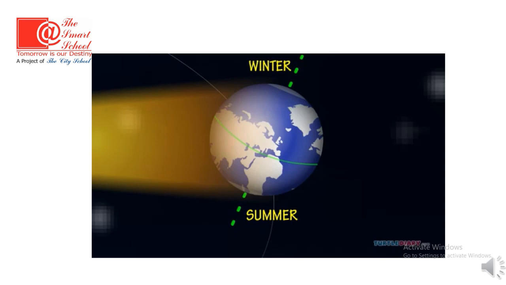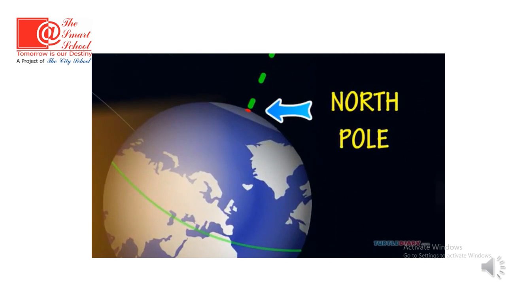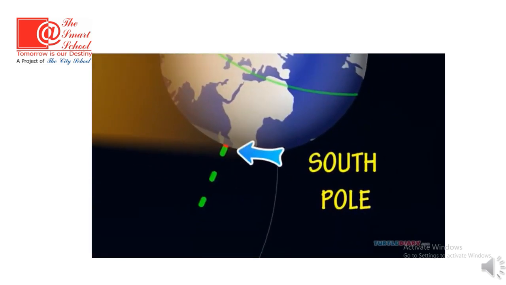The southern hemisphere has longer days. The northern hemisphere has shorter days. The North Pole is now in darkness for 6 months because it is tilted away from the sun. And the South Pole has 6 months of day because it is tilted towards the sun.